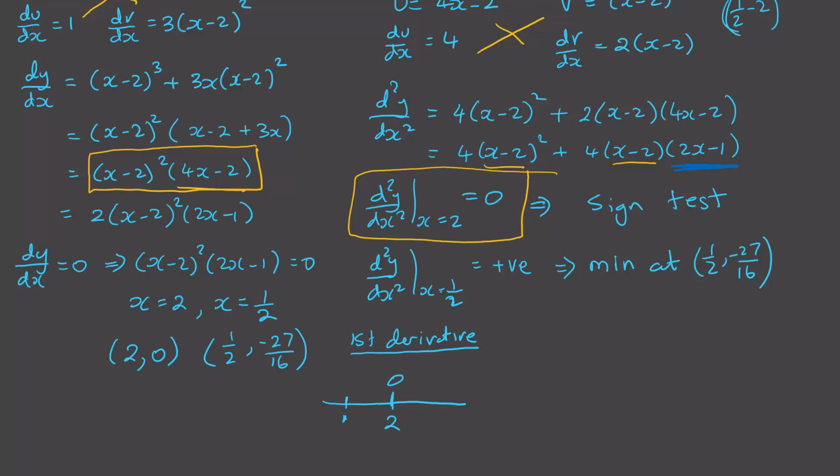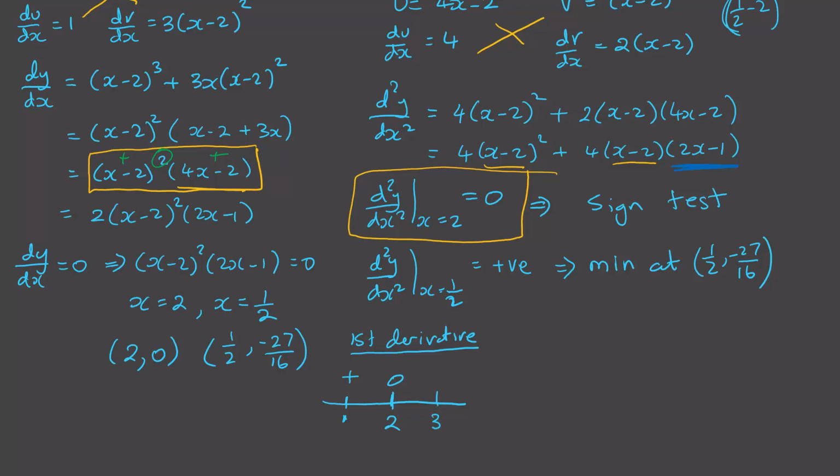So if x is 1, then if we look at the terms over here, this one will end up being positive because it's squared. It doesn't matter what we put in there. And this one also will end up positive with x equals 1. And since we're multiplying those together, we know it's going to be positive.